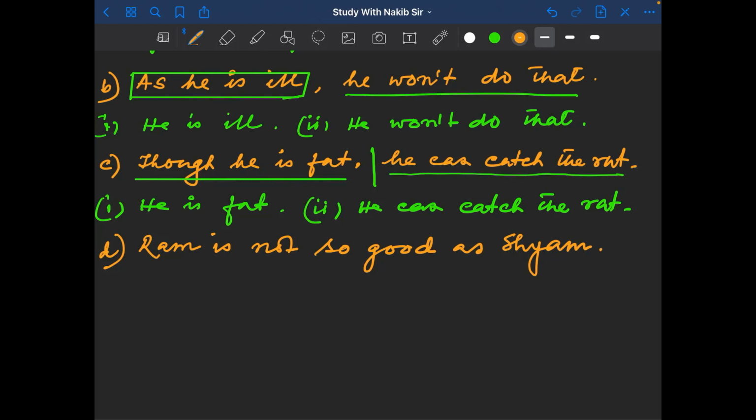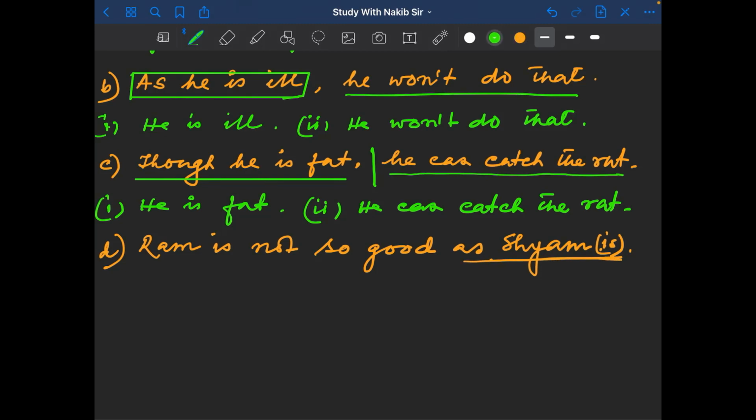Okay, Ram is not so good as Sam. You know, Ram is not so good as Sam means as Sam is. Okay, so as Sam is an adverb clause, and for this clause we'll make a separate sentence.